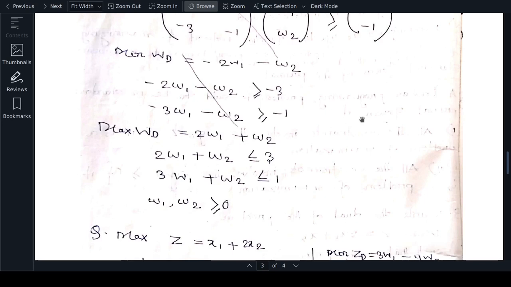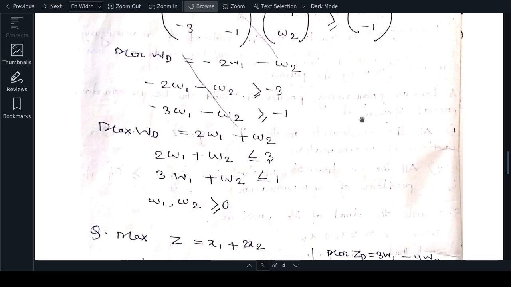So max ZD equal to, here you see, interchange the role of the coefficients of the objective function and the constant terms. So I have interchanged: in place of 3 1 we write 2 1, and in the right hand side constants we write 3 1.